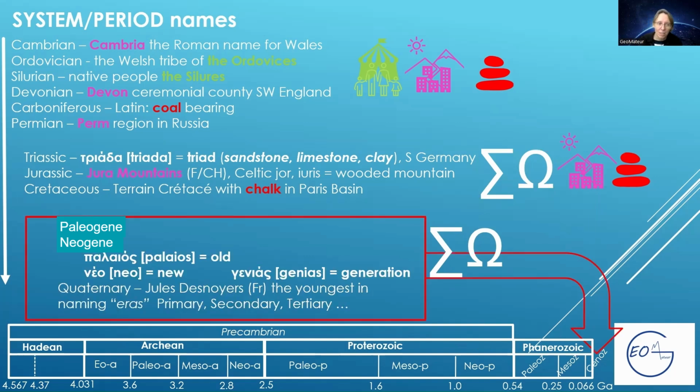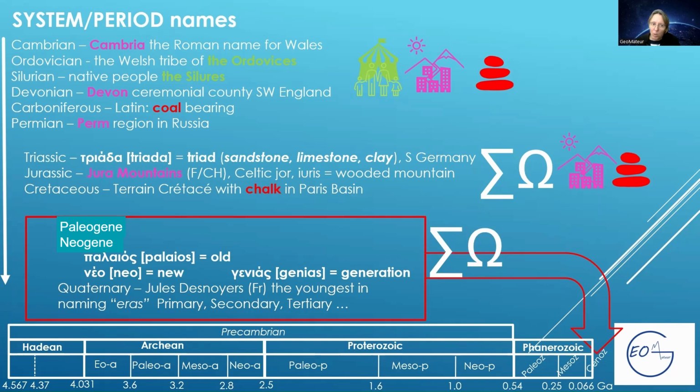And Paleogen and Neogen, the first subdivisions of Cenozoic era or eratem. Paleogen and Neogen, the names come from Greek and can be translated as old and newborn.